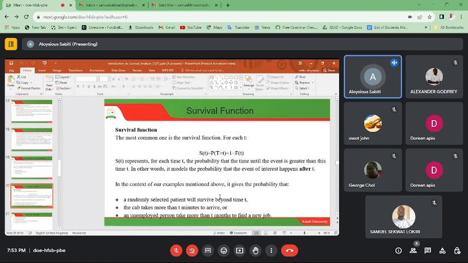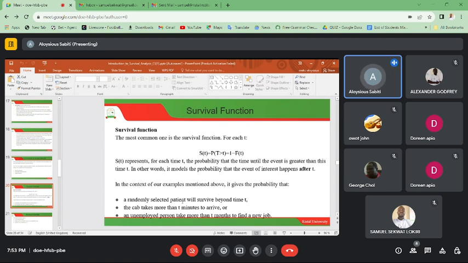So in other words, it models the probability that the event of interest happens after t. So at the age 30, we model that the probability that an individual or individuals in that study group will develop a complication of diabetes will be greater than the time 30.